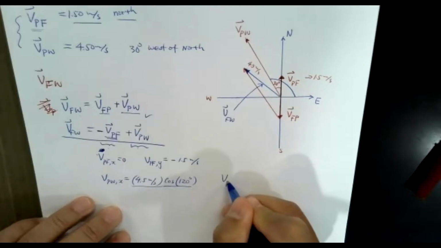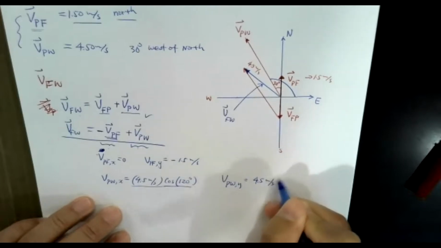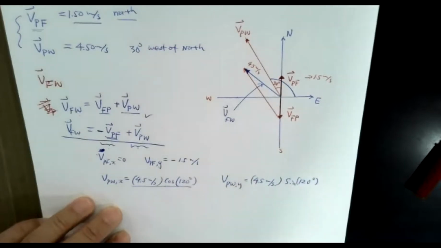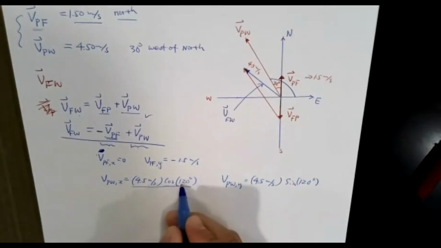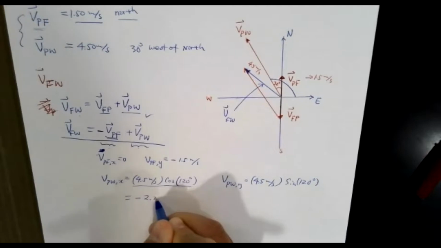The y component should be 4.5 sine at 120 degrees. Let me see. 4.5 cosine actually gives me minus 2.25.